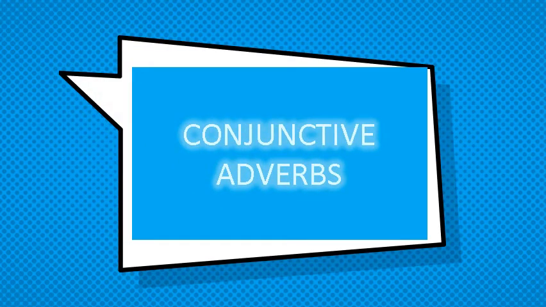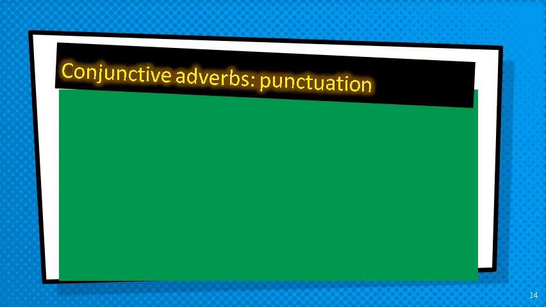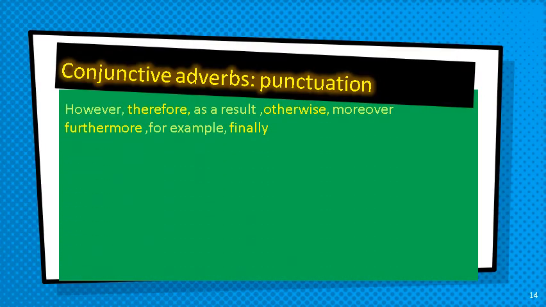Okay, now we are heading towards conjunctive adverbs. It includes words like however, therefore, as a result, otherwise, moreover, furthermore, for example, finally. Rule number 5 says, if there are two independent clauses and you want to insert a conjunctive adverb, then you are going to put a semicolon after the first independent clause and a comma after the conjunctive adverb.